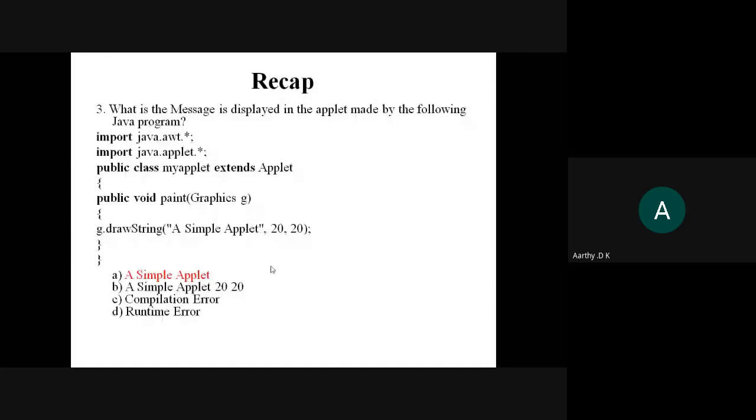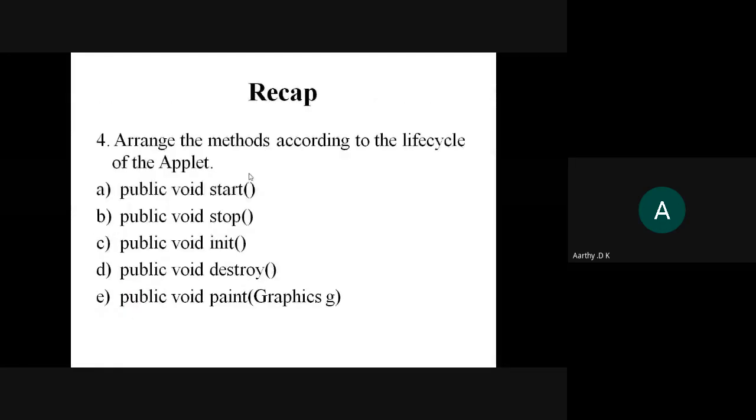So fourth one, arrange the methods according to the life cycle of the applet. So we have a life cycle for the applet, right? So I have shuffled the order in which the life cycle methods are called. So you just need to rearrange the methods.